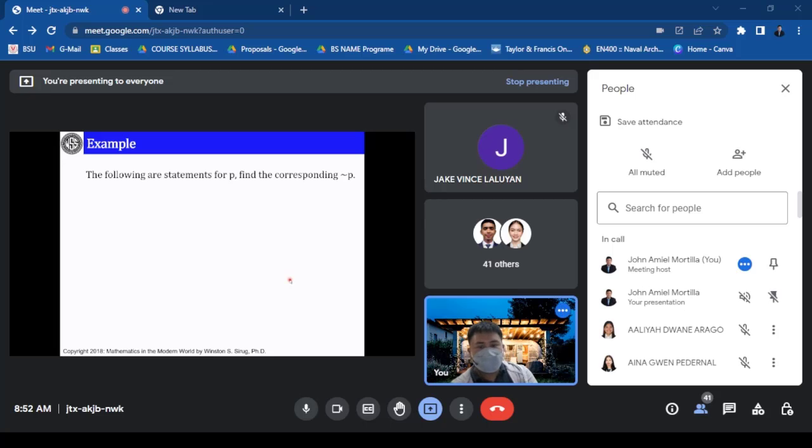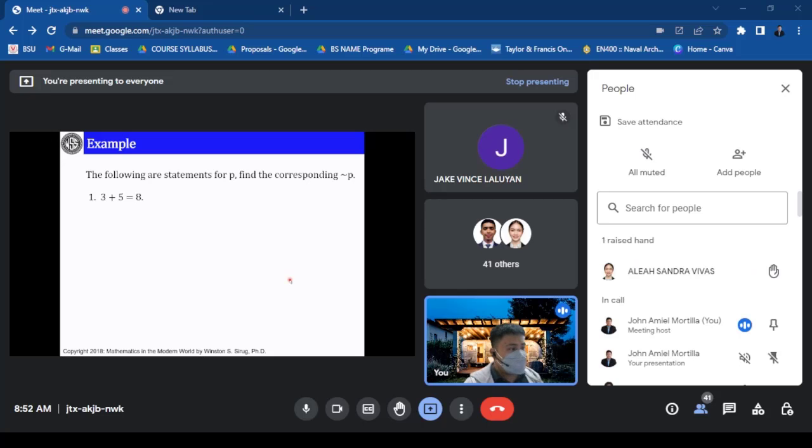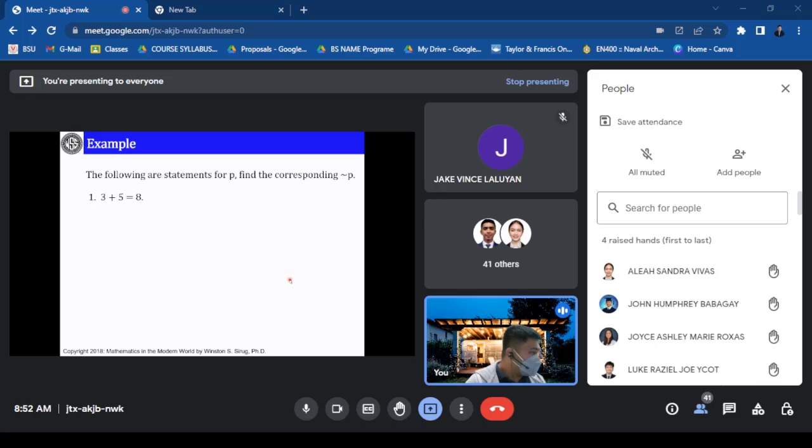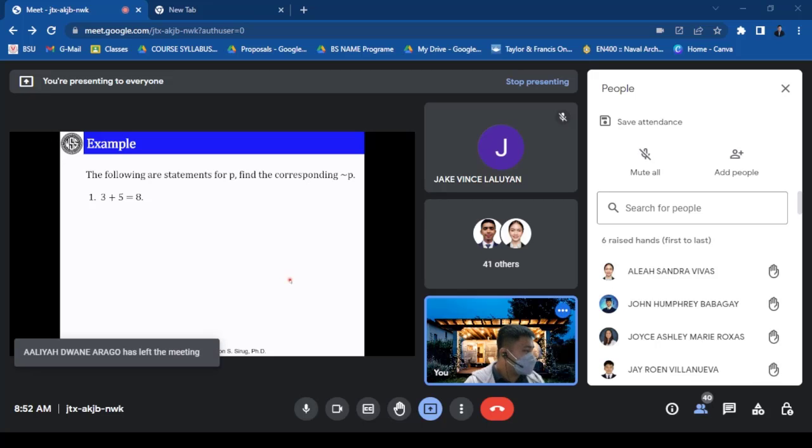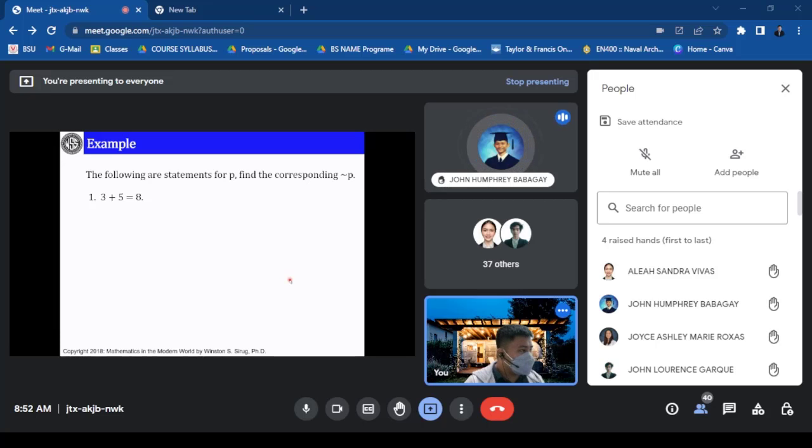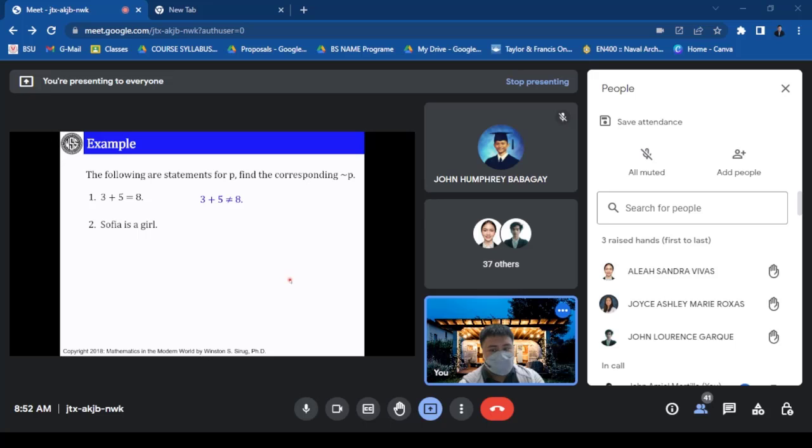So example, following are statements for P. Find the corresponding not P. Okay, 3 plus 5 equals to 8. Okay, John Humphrey. 3 plus 5 is not equal to 8 po. Okay. So we have 3 plus 5 is not equal to 8. Next, we have Sophia is a girl.